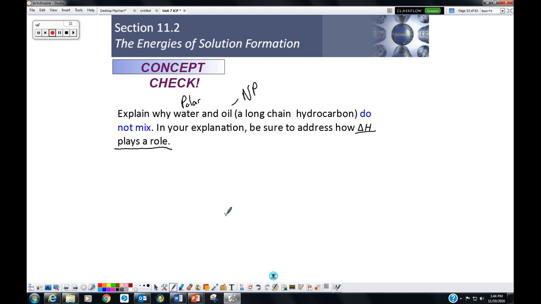So the way that I would address this is, one thing I would say, delta H will not show a change, because solution will not form.